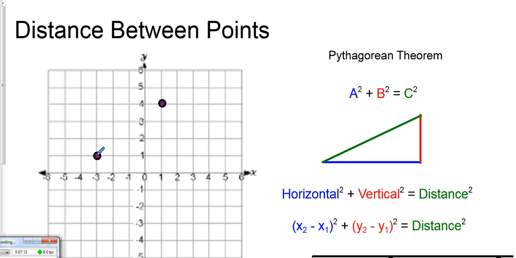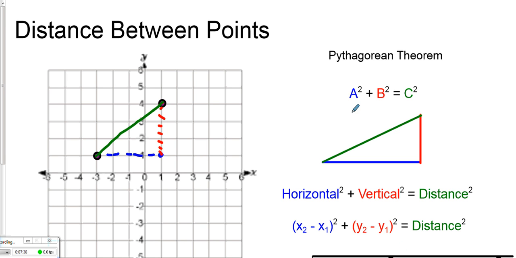We'll notice that if we're going from one point to the next, we can almost kind of draw in. Here is my horizontal distance up to this point. Here is my vertical distance up to this point. And together, those would create this diagonal distance.